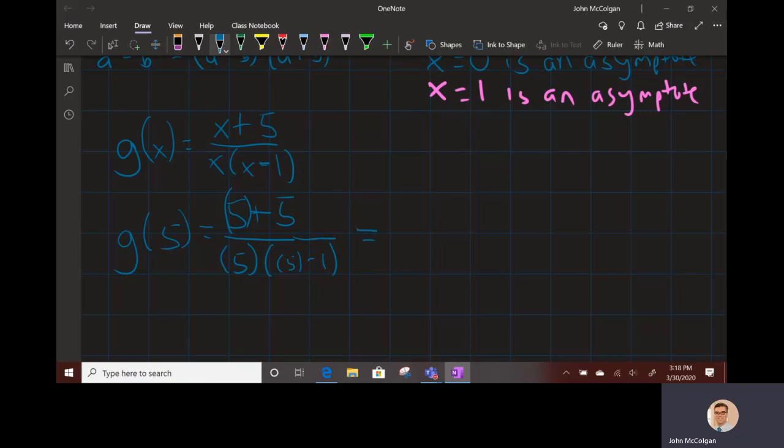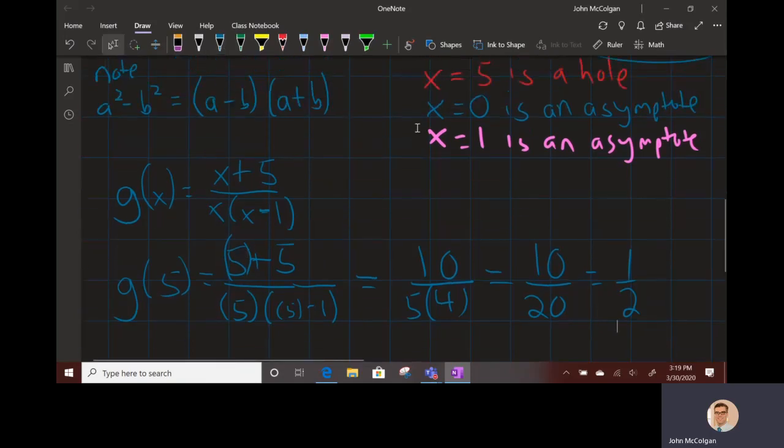Those are grouping symbols. So let's see, 5 plus 5 is 10. And in the denominator, I have 5 times 5 minus 1, which is 4, right? So grouping symbols, I'm still multiplying out the denominator, 10 over 20. And 10 divided by 20 is 1/2, right? So whereas f of 5 is undefined, g of 5 is 1/2.